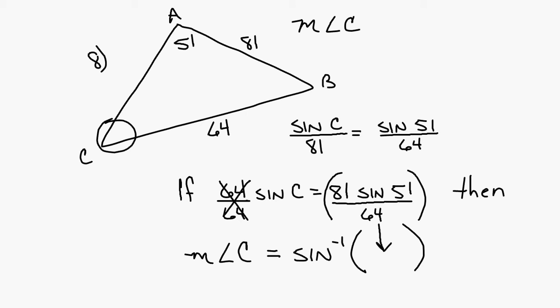So 81 times sine 51 equals, and divided by 64 equals, and then second sine, and 79.6 degrees.